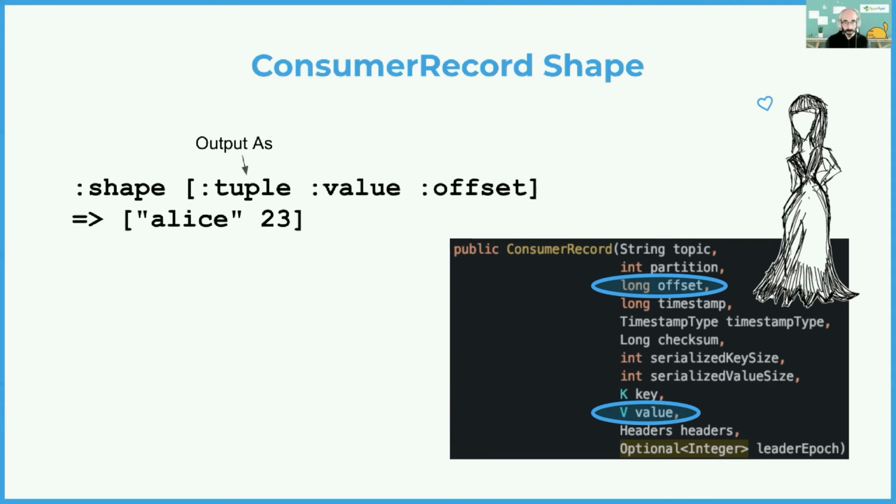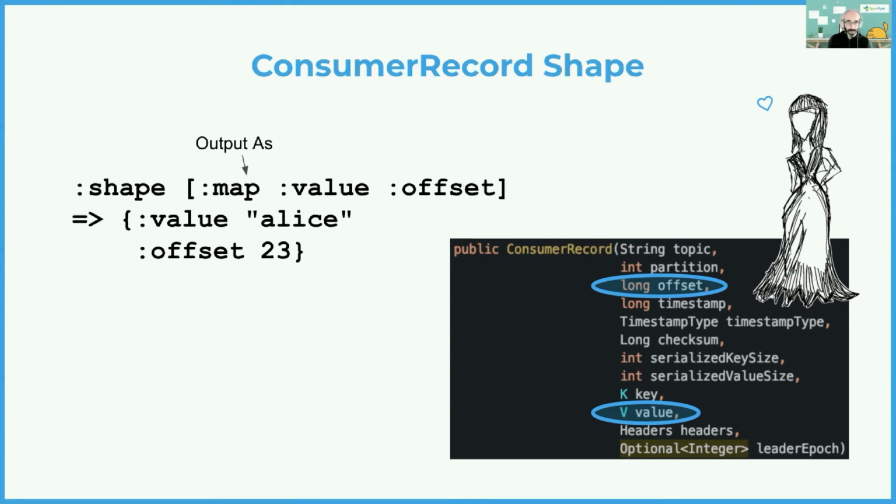We use tuple to mean a vector of predefined elements, and this data-oriented style for defining the shape is inspired actually by Malli schemas, where the definition first contains the type of data structure that you want to see in the channel, and then the selected elements you want in that data structure. And you can see the result is exactly that, a vector with a name and the offset in Kafka.